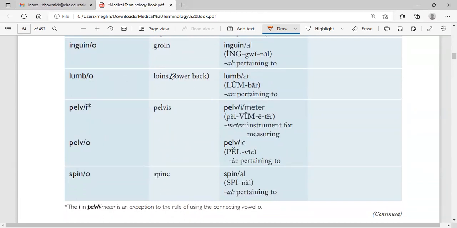Lumbo means loin or lower back, lumbar. Pelvic, like pelvis, pelvimeter, an instrument for measuring the pelvis. Then spinal means spine, spinal, right?